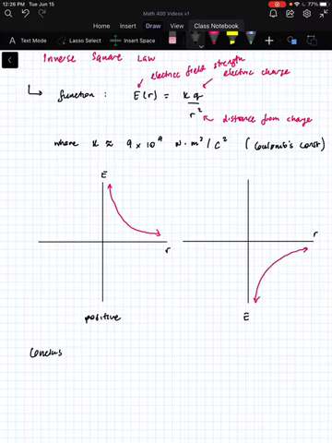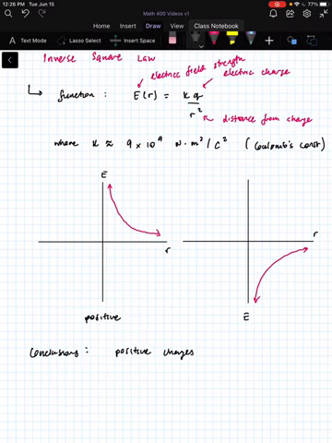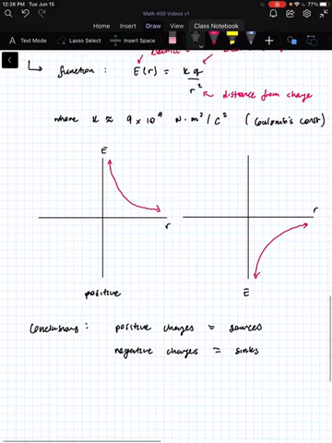And what we conclude from this is positive charges act like sources. Negative charges act like sinks.